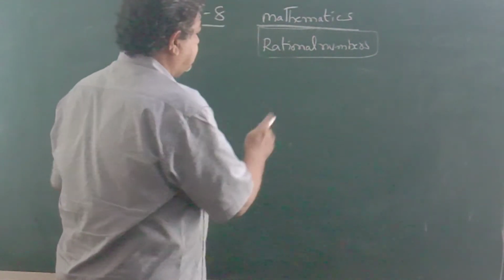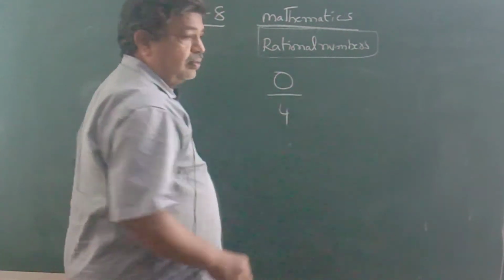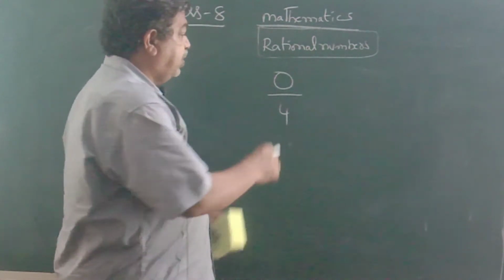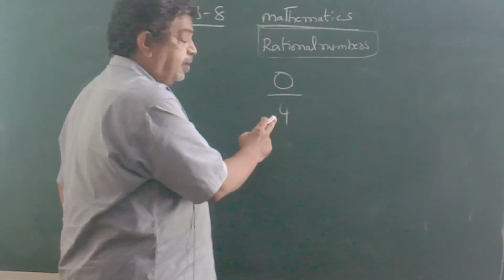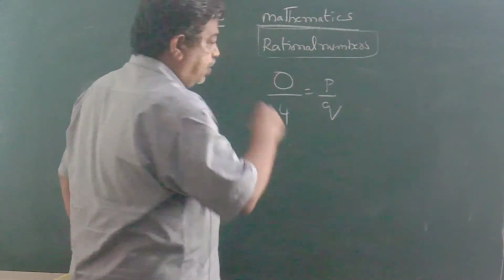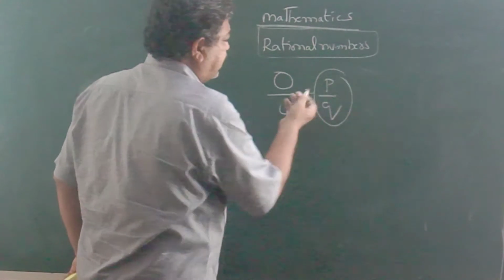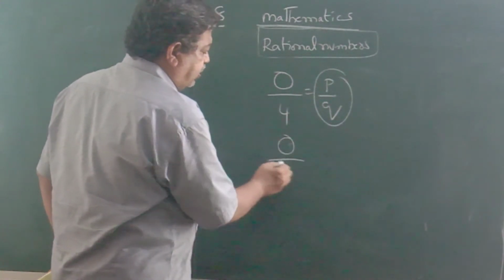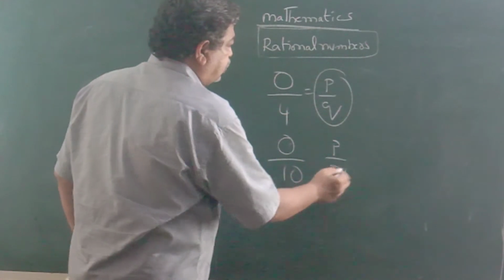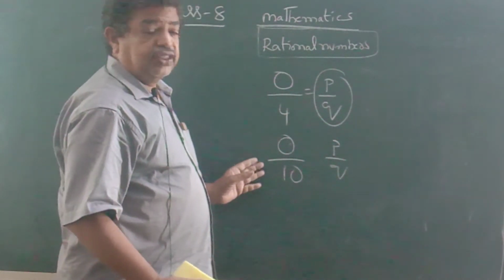Now I write, what is this? 0. 0 by 4. Can you write a rational number of the form 0 by 4? Where 0 is an integer divided by 4, which is in the form of p by q. Therefore, this represents a rational number. Another number you can take 0 by 10, which is in the form of p by q. We call it a rational number.